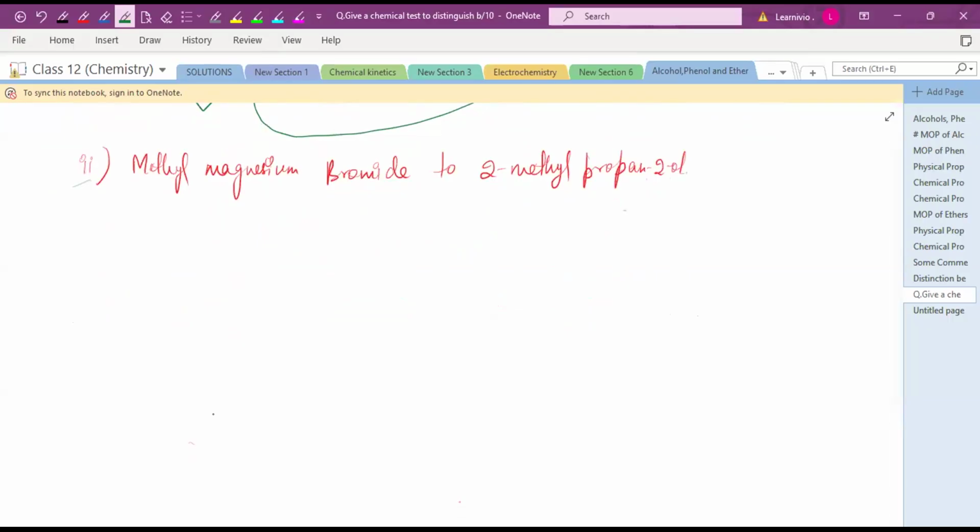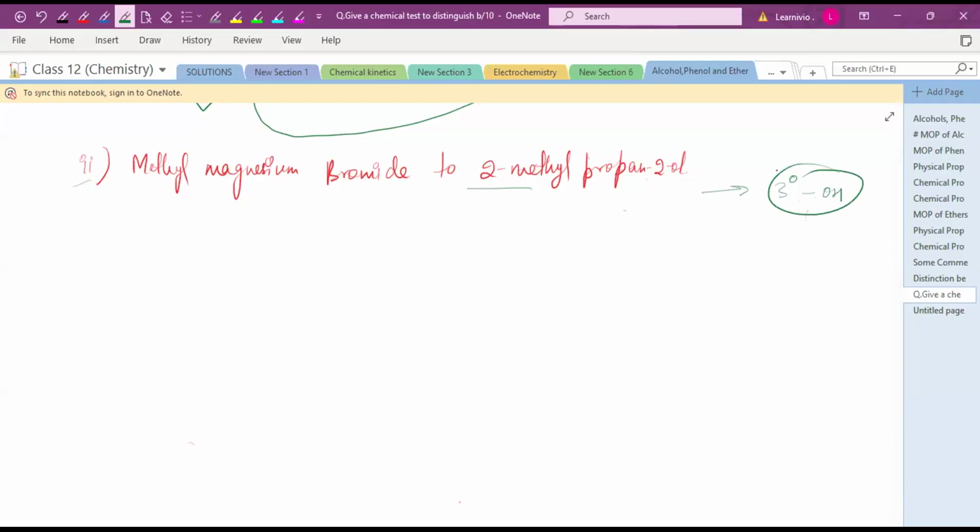Okay, second one, Ali. Methyl magnesium bromide, Grignard reagent. That's very easy. First, analyze this product. It's 2-methyl propane 2-ol. Means you are just getting the tertiary alcohol. Tertiary alcohol कब आपको मिलता है? When you react the Grignard reagent with a ketone.